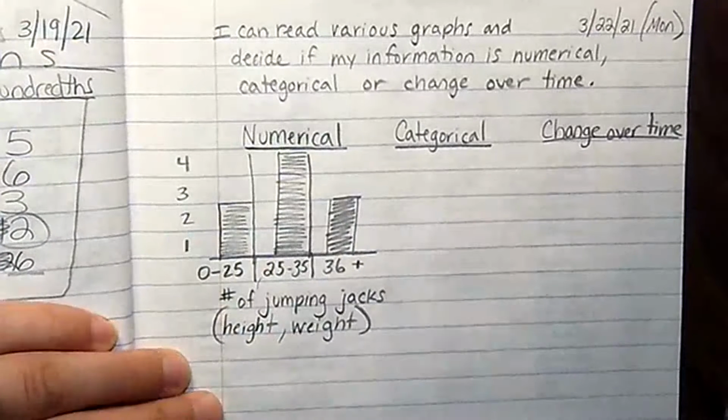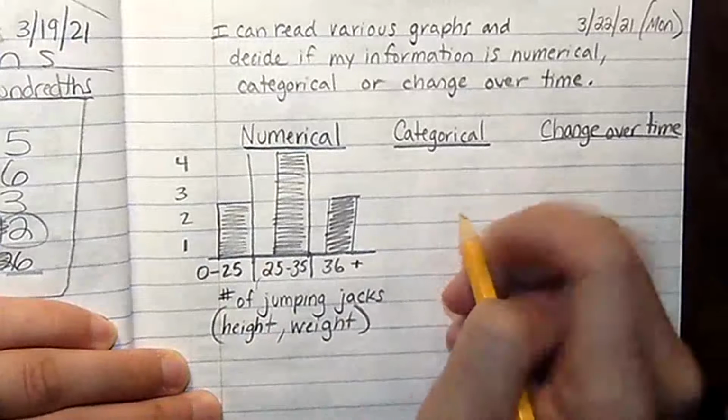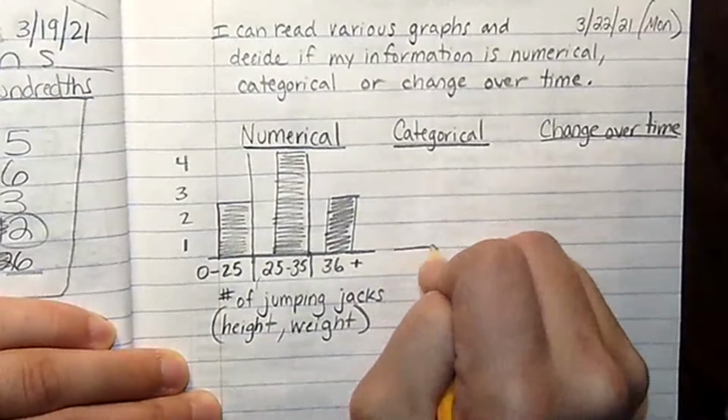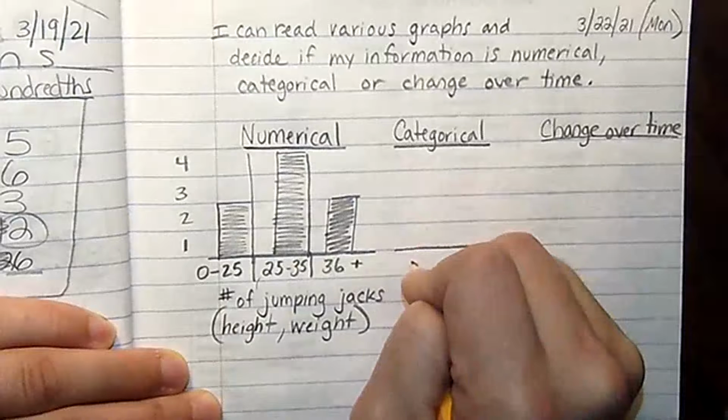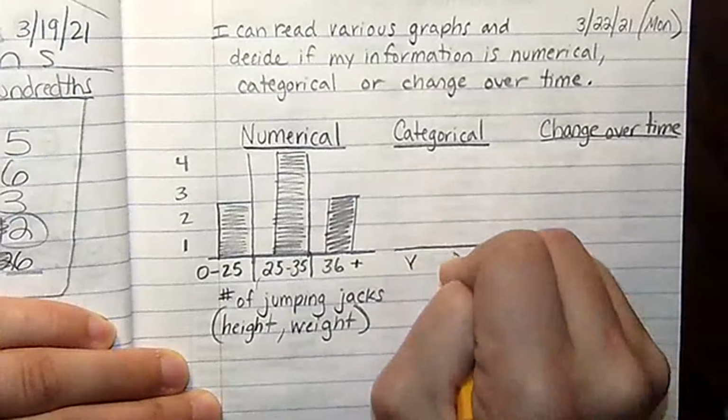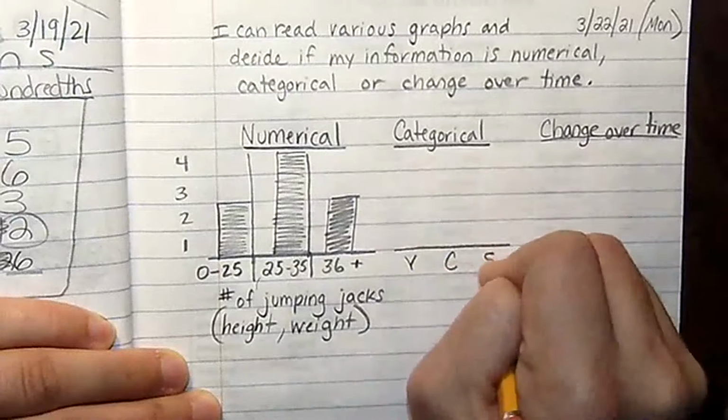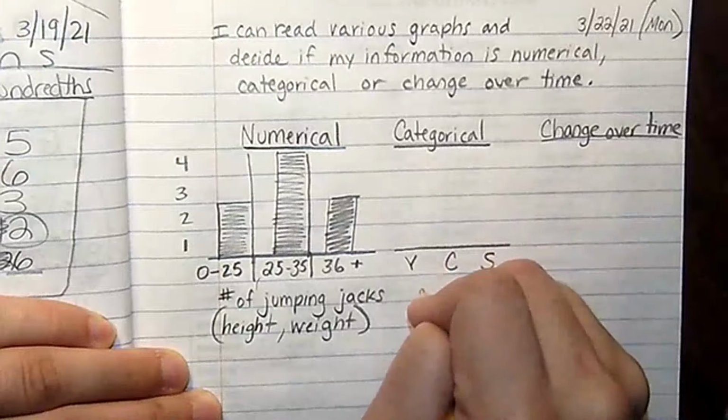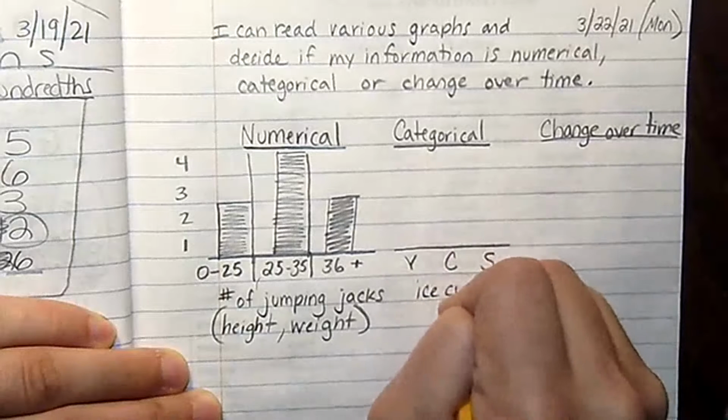Next, we're going to talk about categorical data. We could do a survey, and I could say, would you rather have vanilla, chocolate, or strawberry ice cream? And this would be your ice cream flavor.